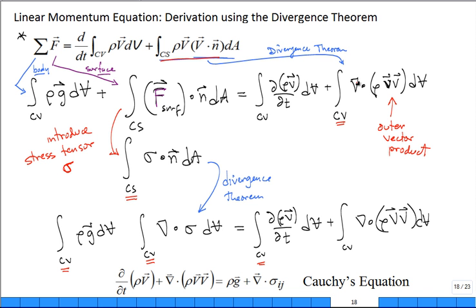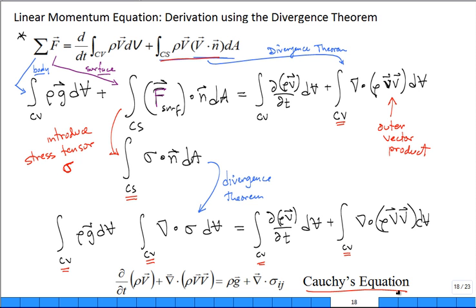So you have the divergence of a VV, an outer product, not an inner product, of two vectors, which are the velocity fields. So now everything is on a control volume. You put everything together, you say it's an arbitrary control volume, the integrand has to be 0 at every point, and you derive Cauchy's equation.